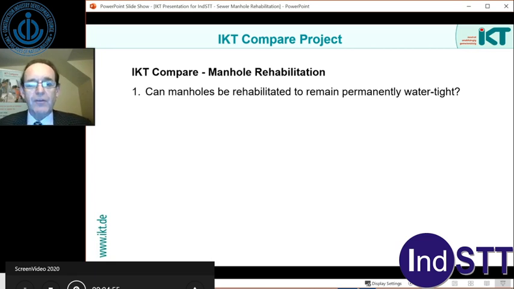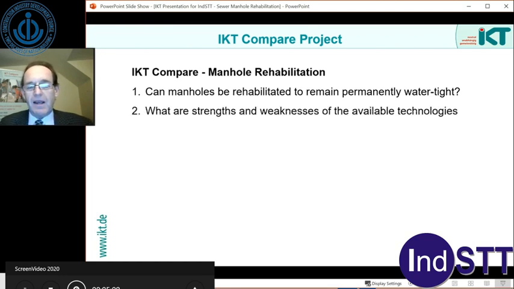The exercise we undertook, which is an IKT Compare or comparative project, was to look at whether you can permanently make a manhole watertight by using a rehab technique. They wanted to know what the strengths and weaknesses of the available technologies were, what quality to expect, and what issues to look for.